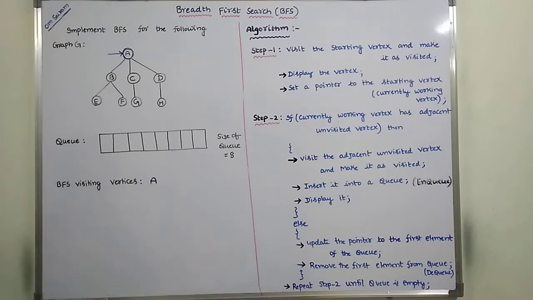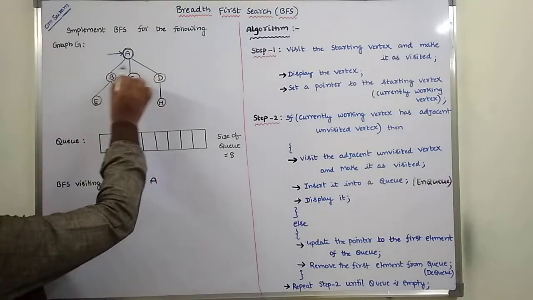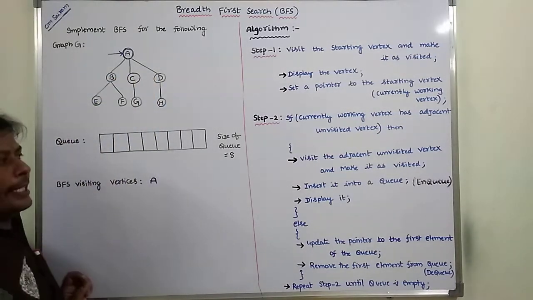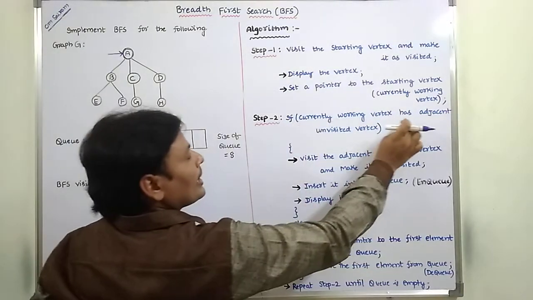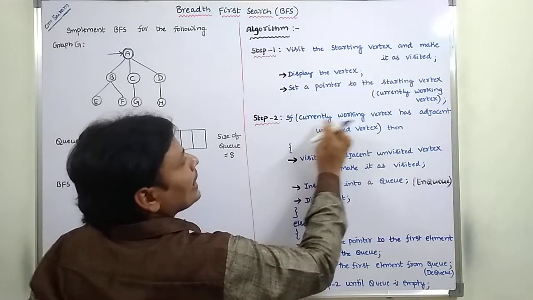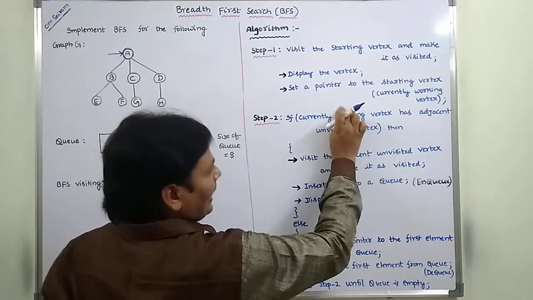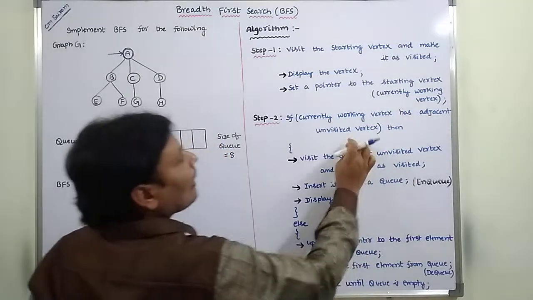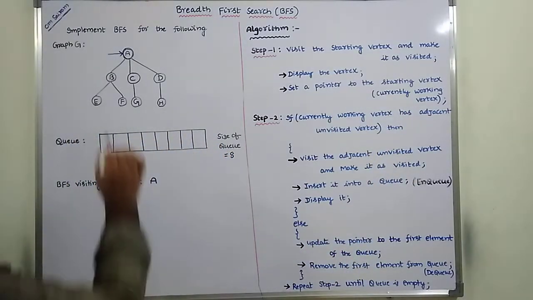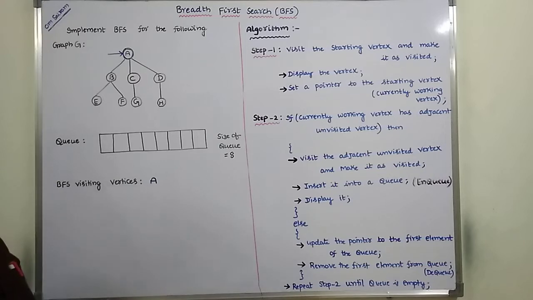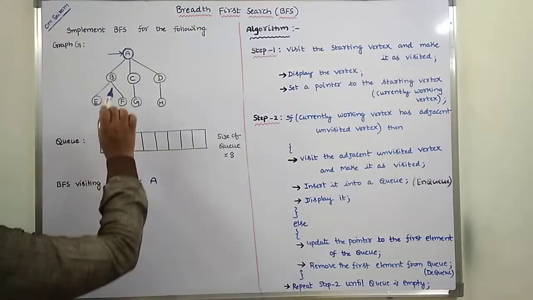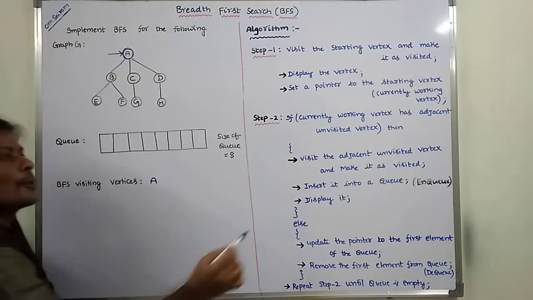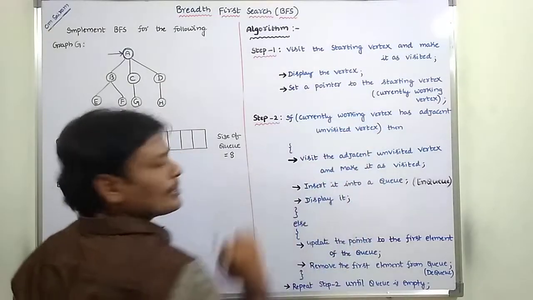Only vertex A is visited. So this condition is true. A has 3 unvisited adjacent vertices, B, C, D, so this condition is true.